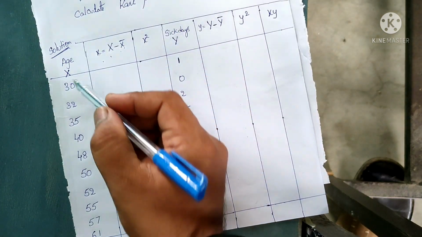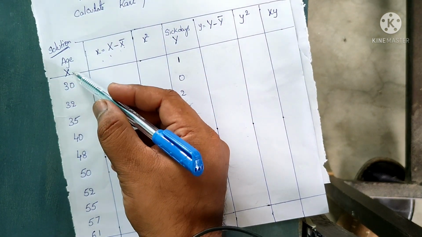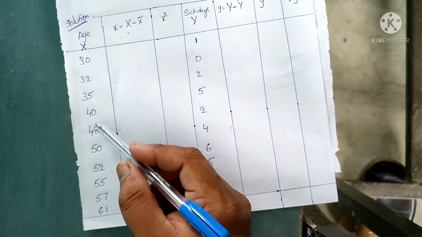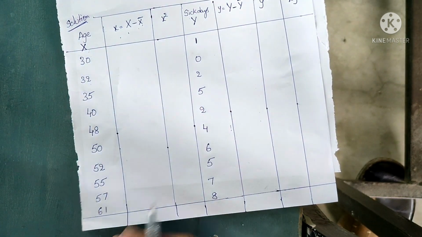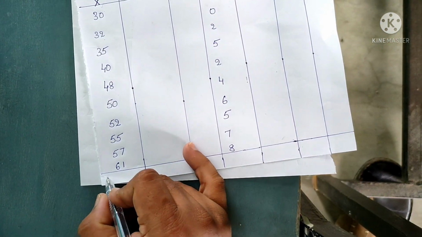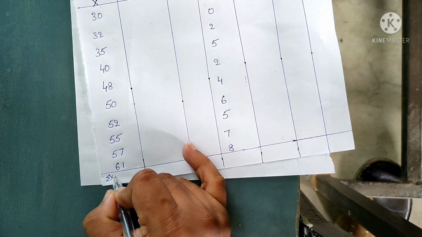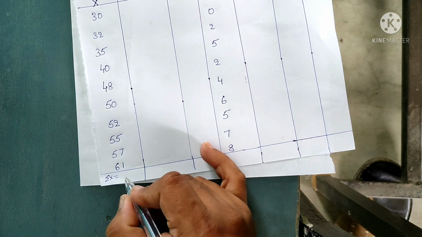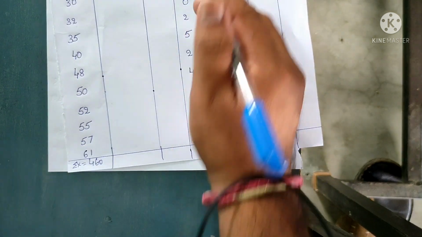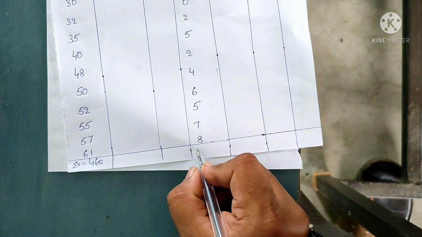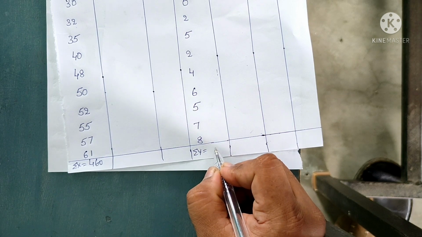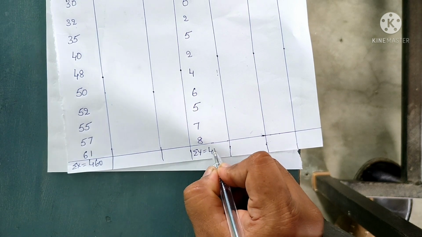First we have to add all the x values, that is 30 plus 32 plus 35 and so on, to get sigma x. Sigma x equals 460. Next we calculate all the y values, sigma y. Sigma y equals 40.